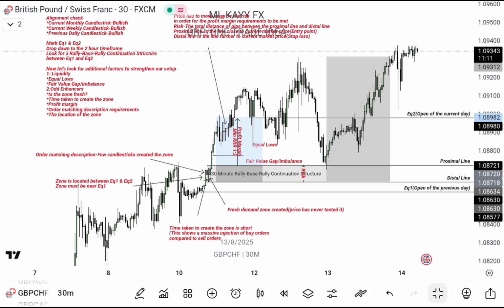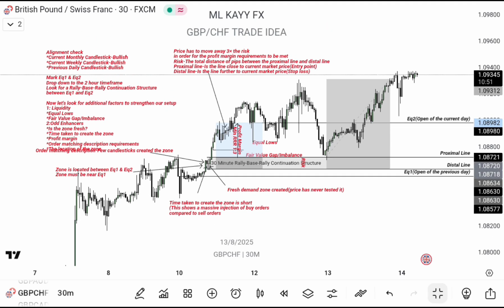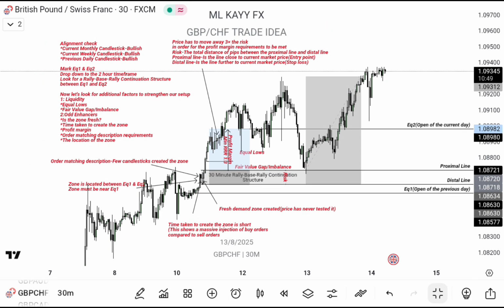I hope I made sense from the start of the video up until now. It's just that institutional order flow has a lot of theory in it, and I can't explain all the theory in one video. So I'll try to make more videos, guys, so that you'll be able to understand everything that I do here.